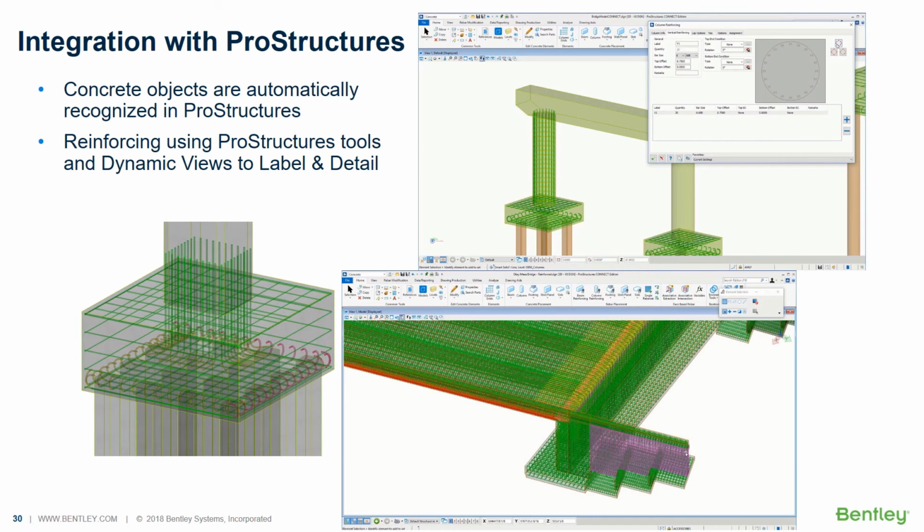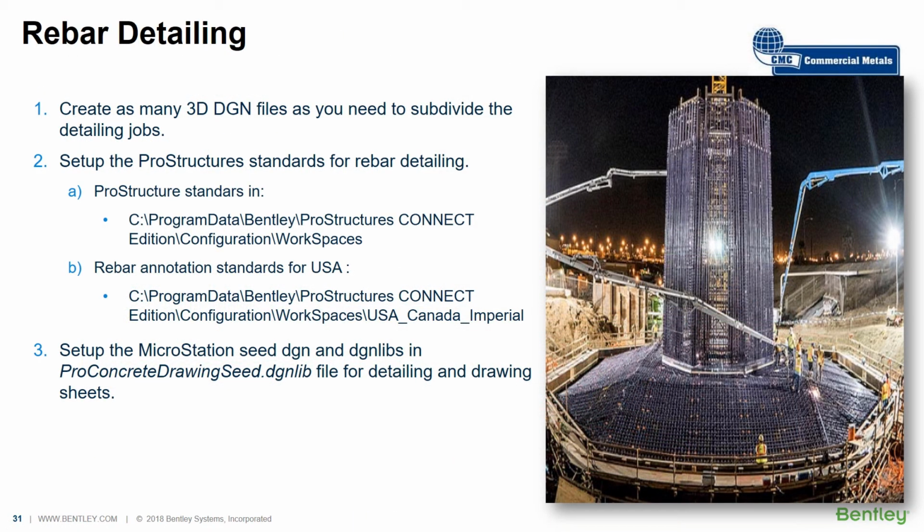But the detailer is the owner of the rebars. So he will open ProStructures, right, and detail my model with this software, but referencing my model. He's not going to copy the model. He's going to reference that. And in that reference, he will annotate the rebar, right?